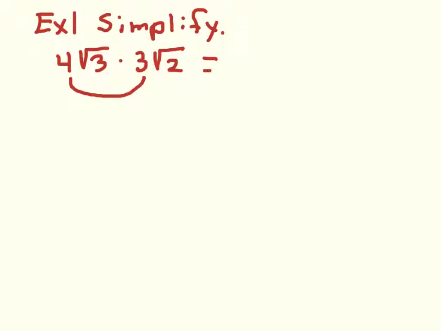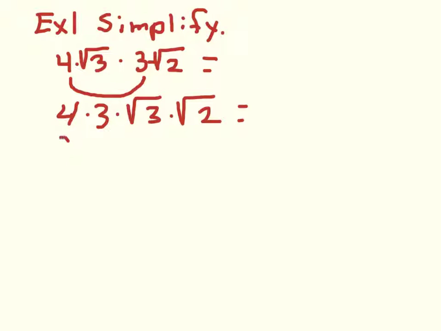First I'm going to rearrange this. Really, this is all multiplication. So I have 4 times radical 3 times radical 2. I could think of this as 4 times the 3 times the radical 3 times the radical 2.